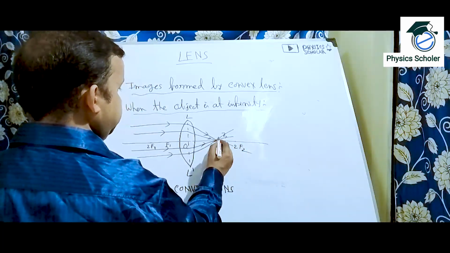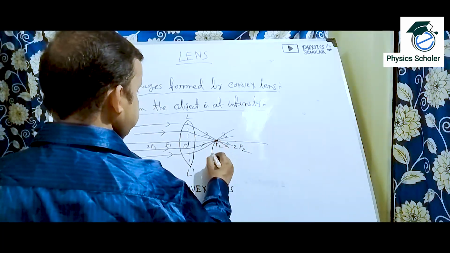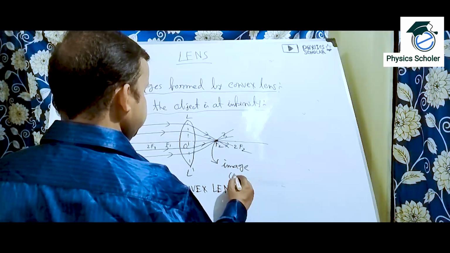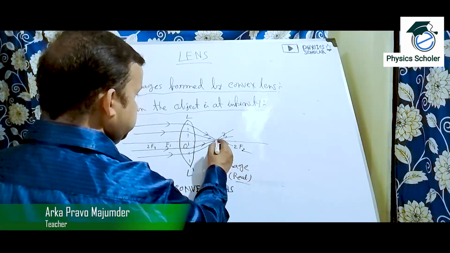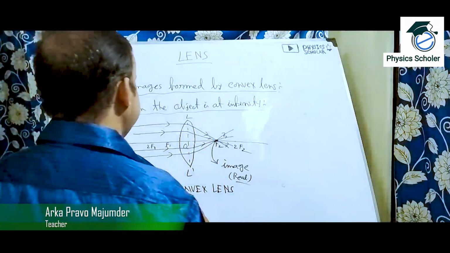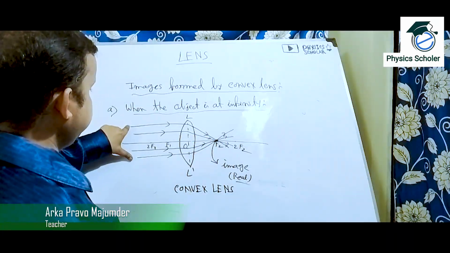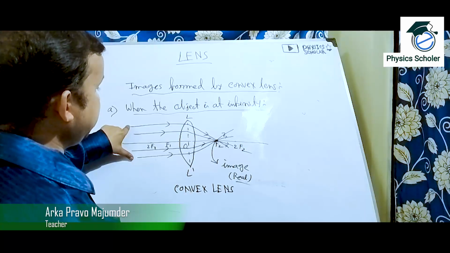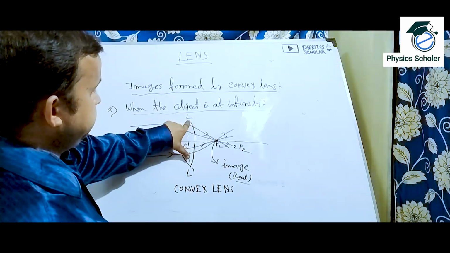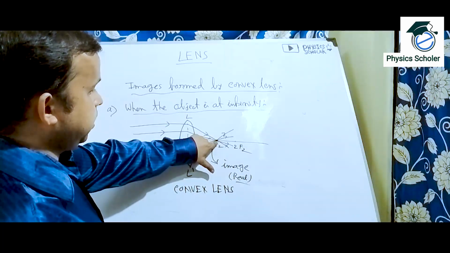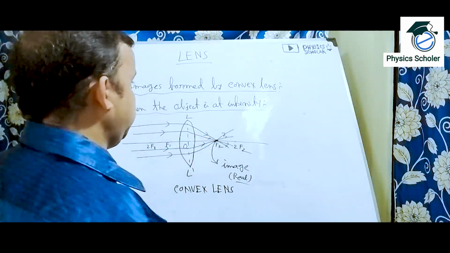That means they are already meeting at this point. So this will be the image. What type of image? It will be real. Why real? Because the rays are originally meeting at a point. When the object is at infinity, the rays coming from the object are considered as parallel to each other. After getting refracted by the lens, they will meet at a point on the principal axis and a real image will be formed.